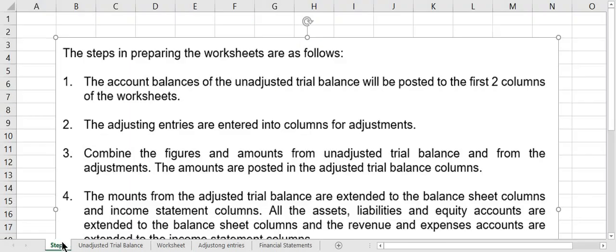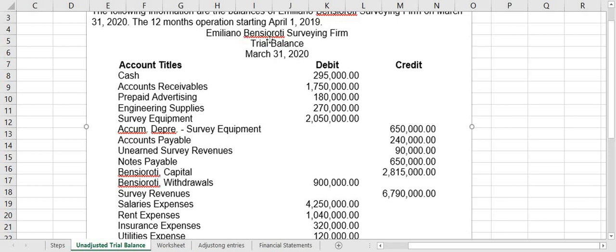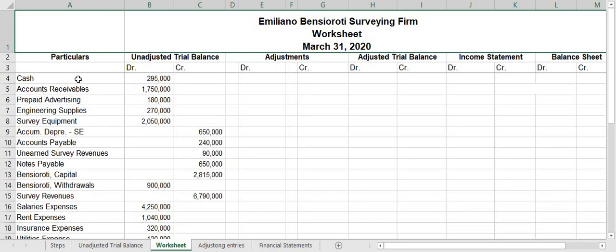So it says in the first step, okay, the account balances of the unadjusted trial balance. So let's go to the unadjusted trial balance. So these accounts here, this should be transferred to the first two columns of the worksheet. So this. Okay? And of course, the very first column of a worksheet should be the account titles. In this case, these are the particulars.